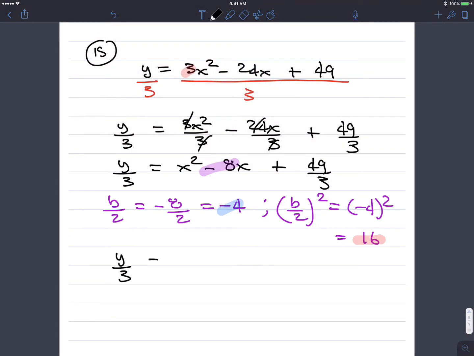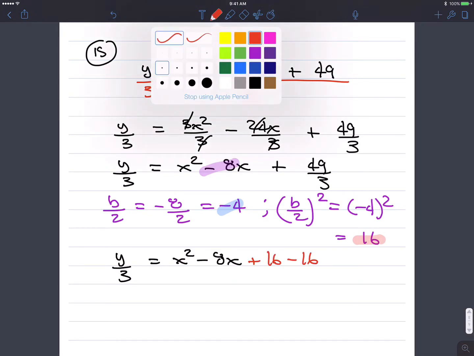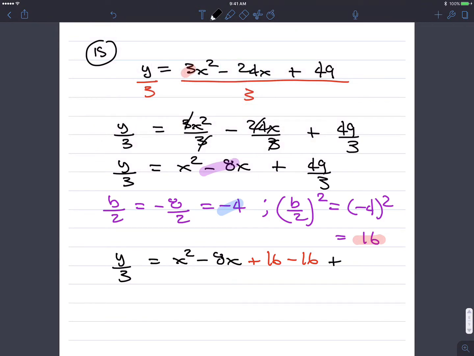Y over 3, x squared minus 8x. Here we go. Plus 16 minus 16. And then don't forget we had a plus 49 thirds. Factor the first three terms. We get y over 3 becomes x minus 4 squared. And then I have this minus 16 plus 49 thirds.